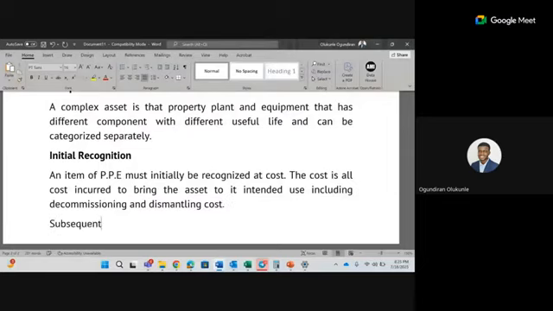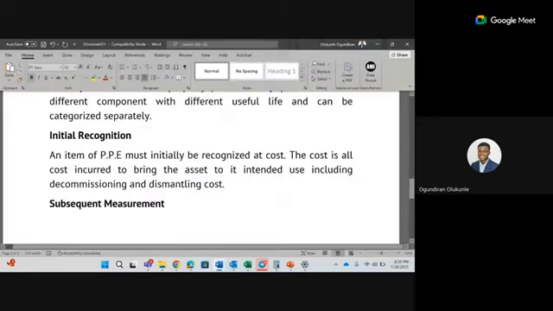So let's go to subsequent measurement, or what we call subsequent recognition. You are permitted to use any of these models, either the cost model.